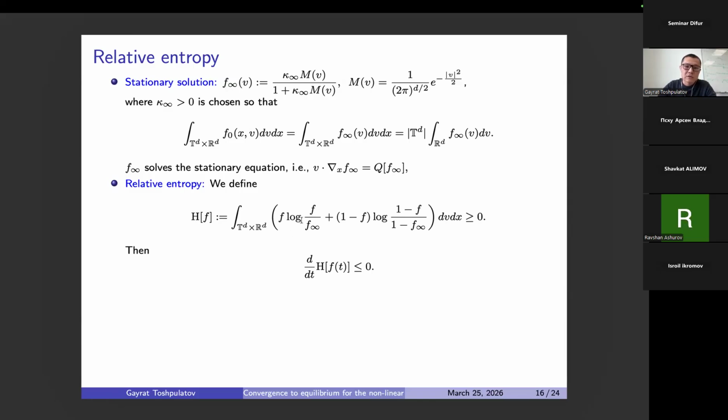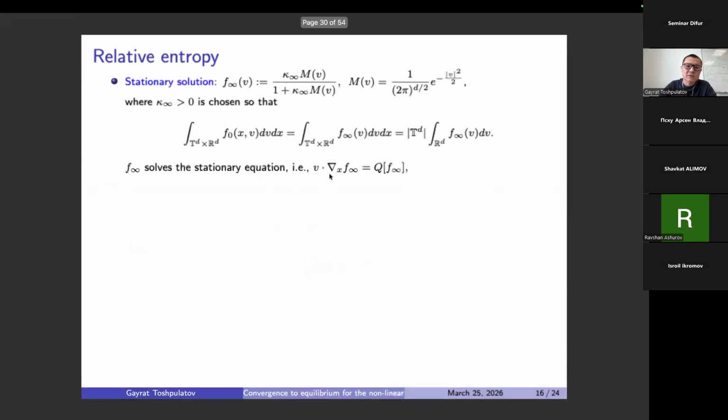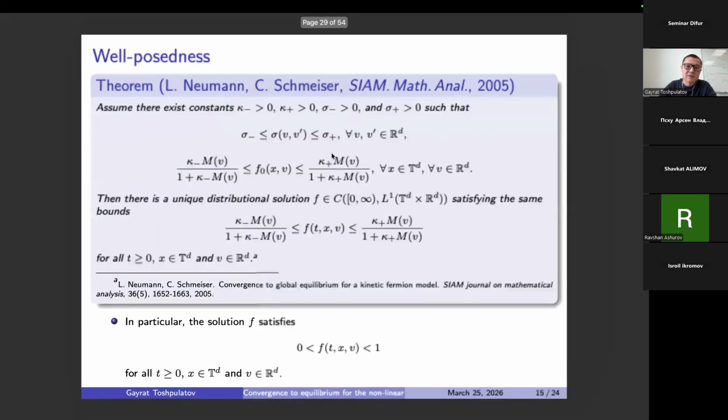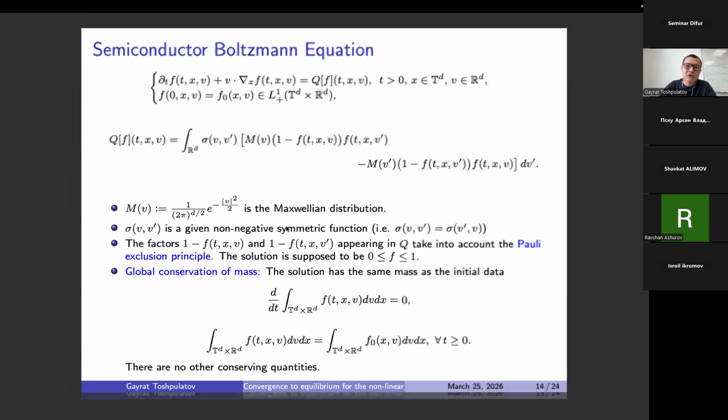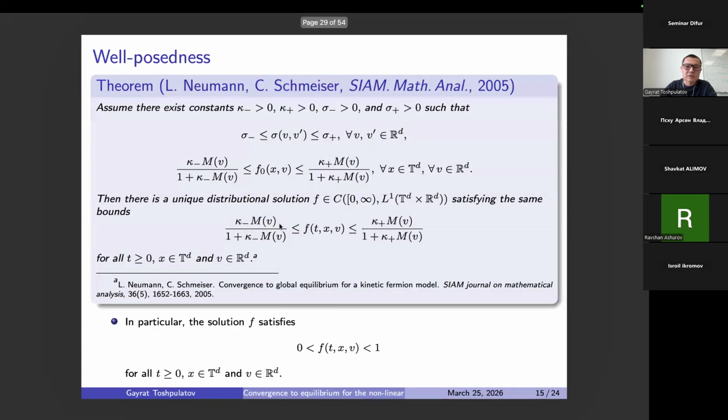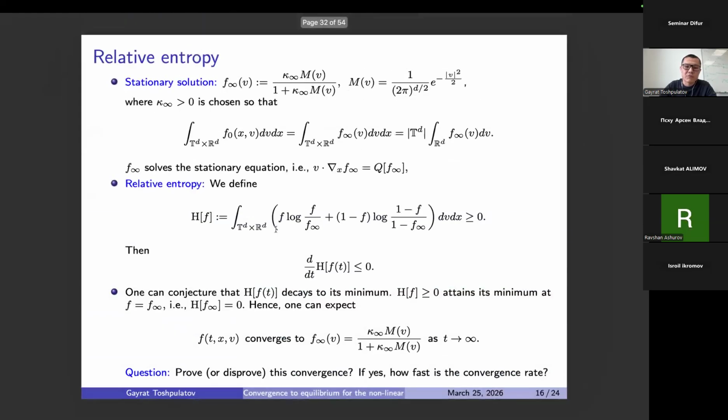It includes this logarithm as in the classical Boltzmann equation, but we have extra terms, 1 minus f here, because of these terms appearing in the collision. It is a modified entropy. It looks a little bit unusual because of these additional terms. We have to modify it.